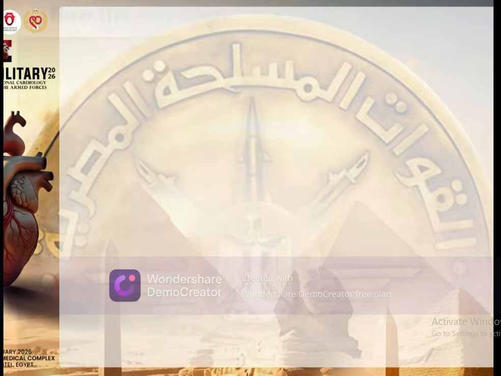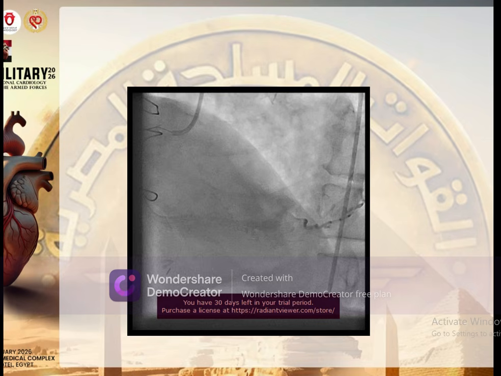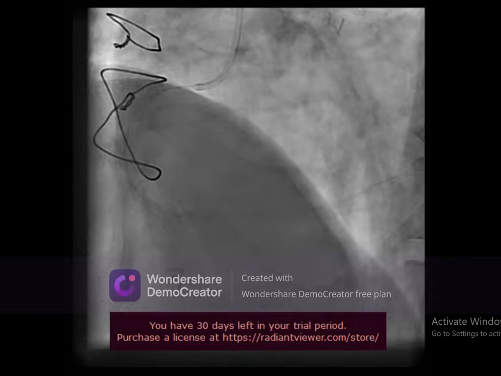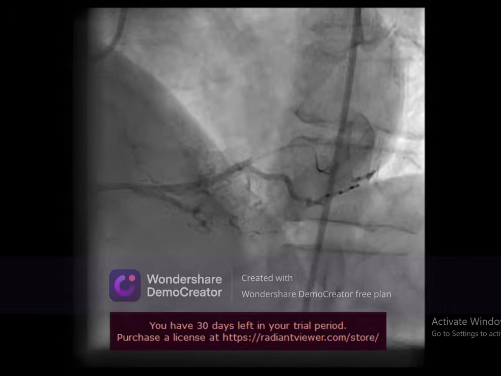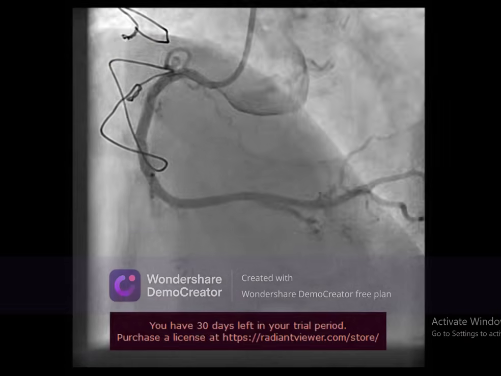So in this example, the collateral channels, or the coronary collateral connections, or Triple C, act like army specialized dedicated forces.